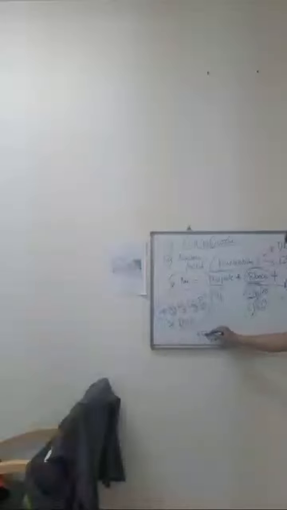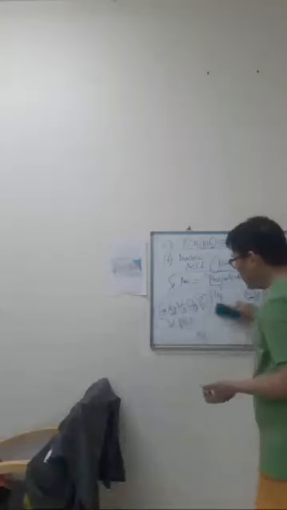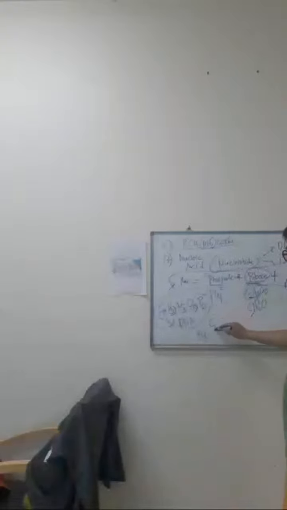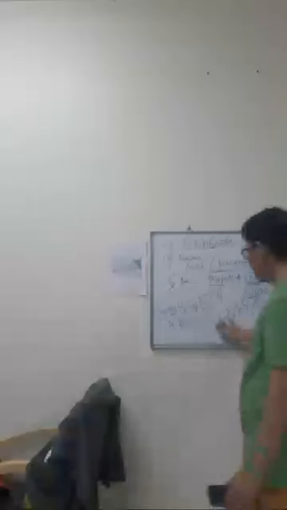And then RNA. So what's the formula of RNA? C35H66, then nitrogen 6, oxygen 22, and phosphorus 2. 35, 66 na siya guys.